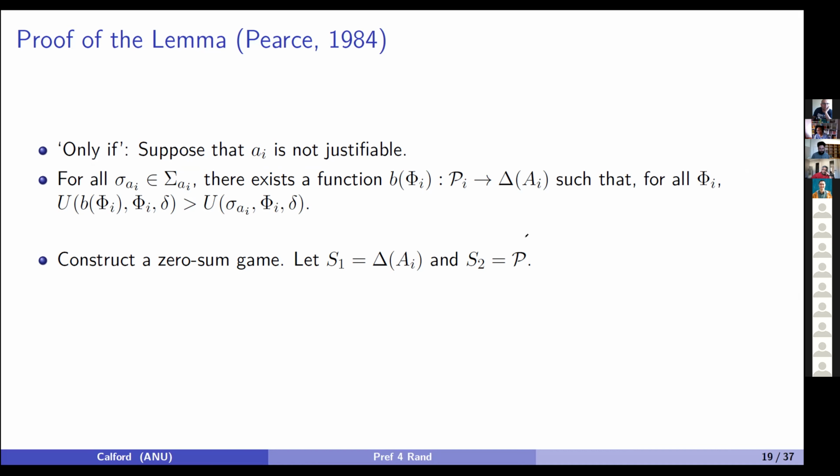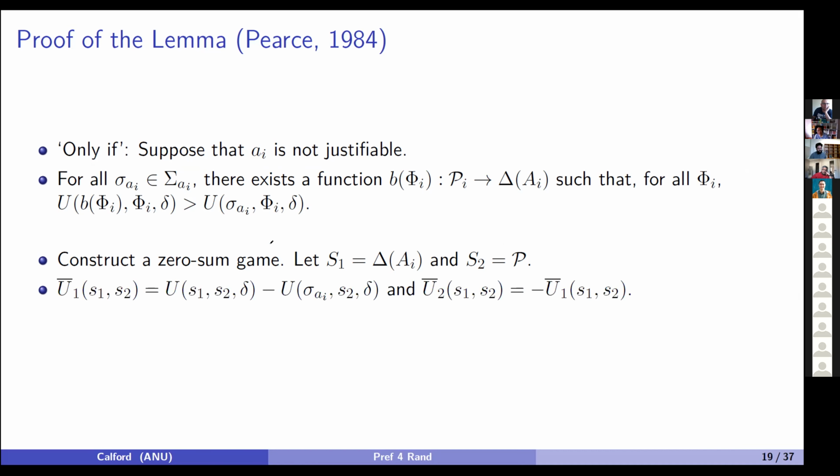That's the interpretation of this game. And we're going to set the payoffs of this game in such a way that we're going to normalize my payoffs so that whenever I play this mixed strategy that we're considering, my payoff will be 0. Okay? And your payoff is the negative of my payoff. So you're picking my beliefs to minimize my utility. I'm picking a strategy to maximize my utility.